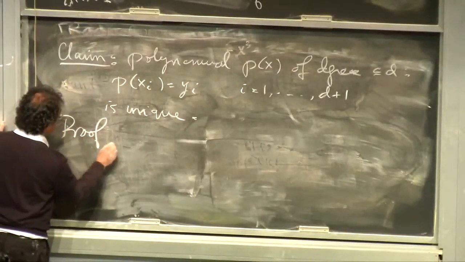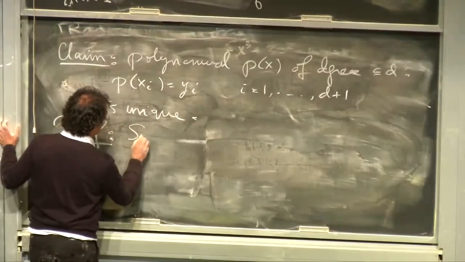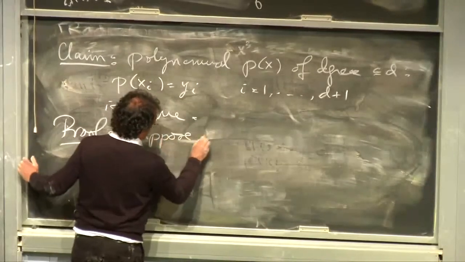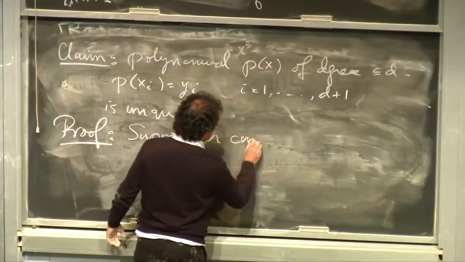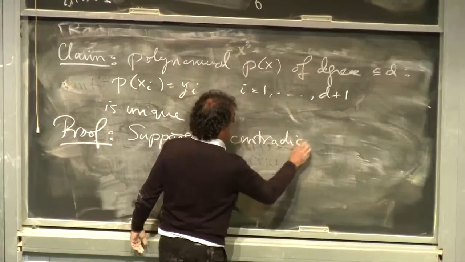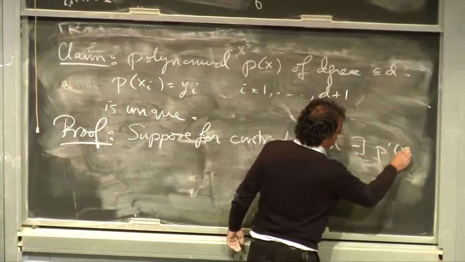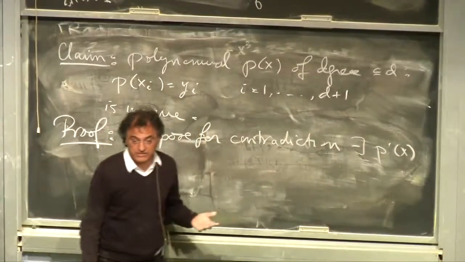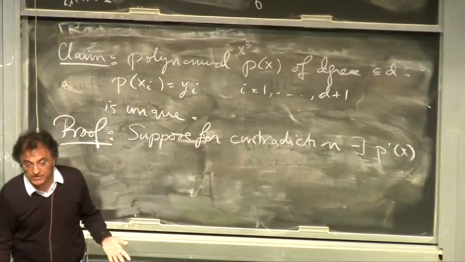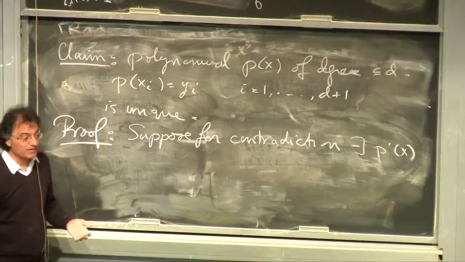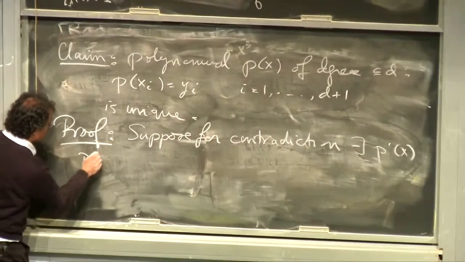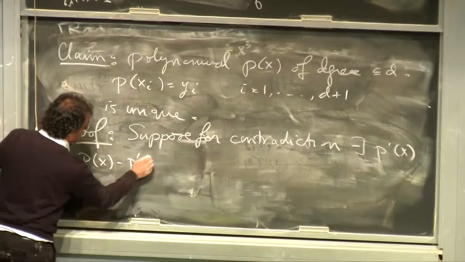Proof. Suppose for contradiction, there exists also a p prime of x, also of degree at most d, which goes through all these points. Now let's look at p of x minus p prime of x.